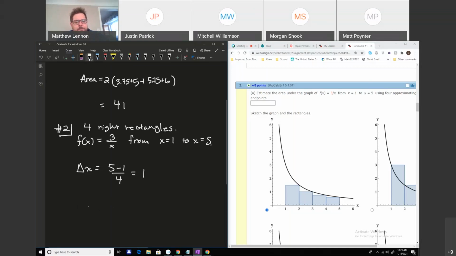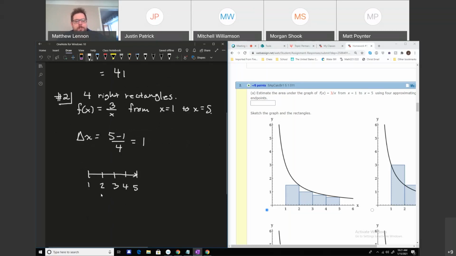The interval, I mean, it's pretty straightforward. Start at 1, then 2, 3, 4, and end at 5. So for the right rectangles, remember we're using these last 4 numbers. So our area is the width 1 times 3 over 2 plus 3 over 3 plus 3 over 4 plus 3 over 5.